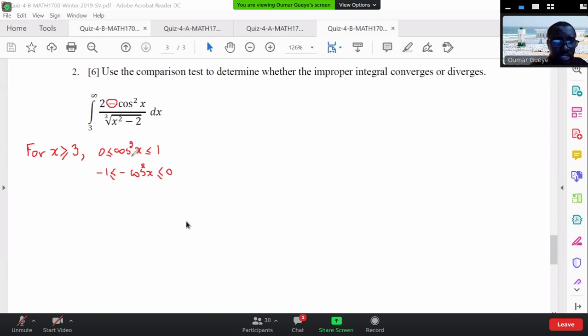Because cosine squared is positive, when you multiply by -1, it becomes negative.